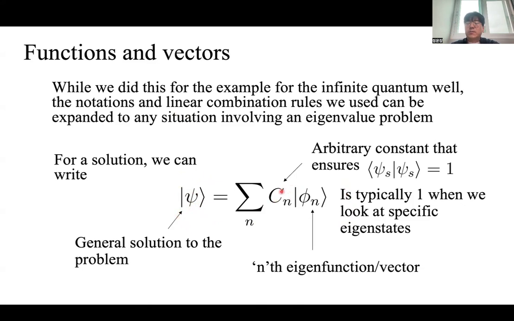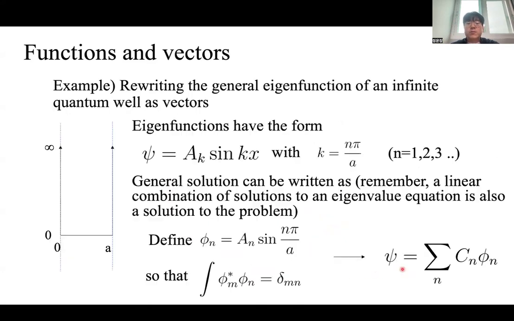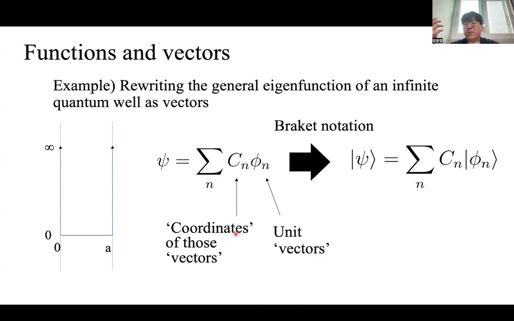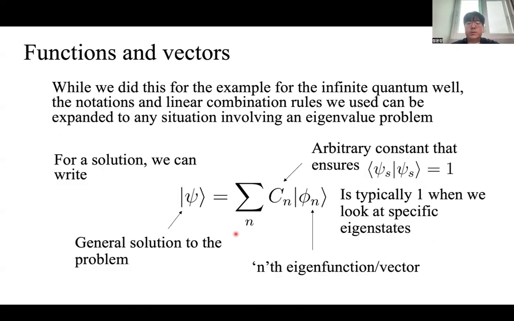It's going to be a sum of all the eigenfunctions, all the other smaller general solutions that we have for it, and I'm going to have an arbitrary constant in front of it. And this n is going to be the nth eigenfunction or eigenvector. So this is nothing more than us following terminology like this, and we're just applying it to more complex problems. Okay?